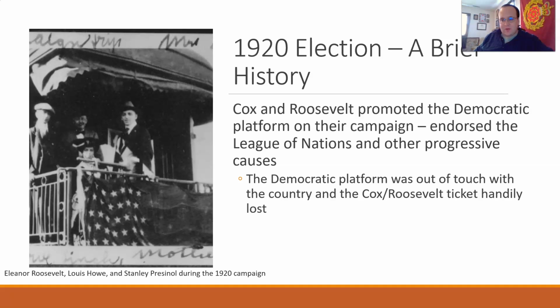Just very, very, very out of touch. And they lost big, Governor Cox and Secretary Roosevelt. And we had these train stop campaigns, these whistle stop campaigns, I think they were called. This is Eleanor Roosevelt. Here, Louis Howell, Stanley Presnell during the 1920 campaign.